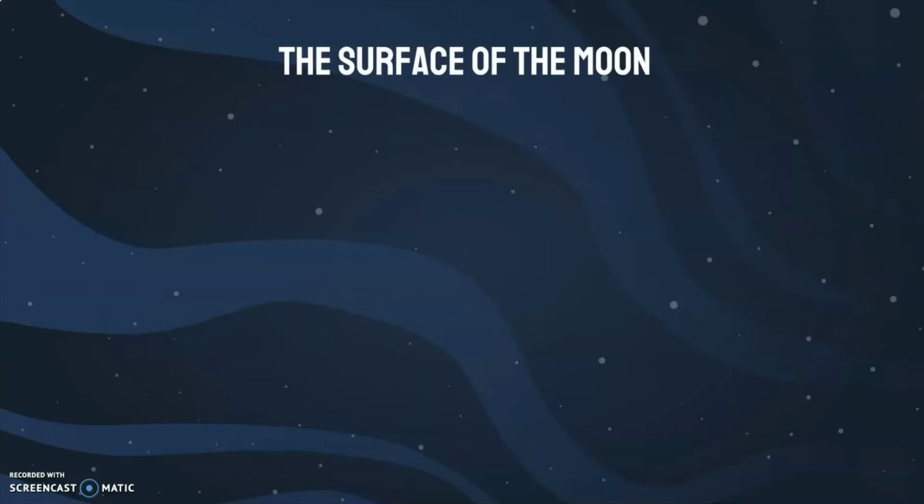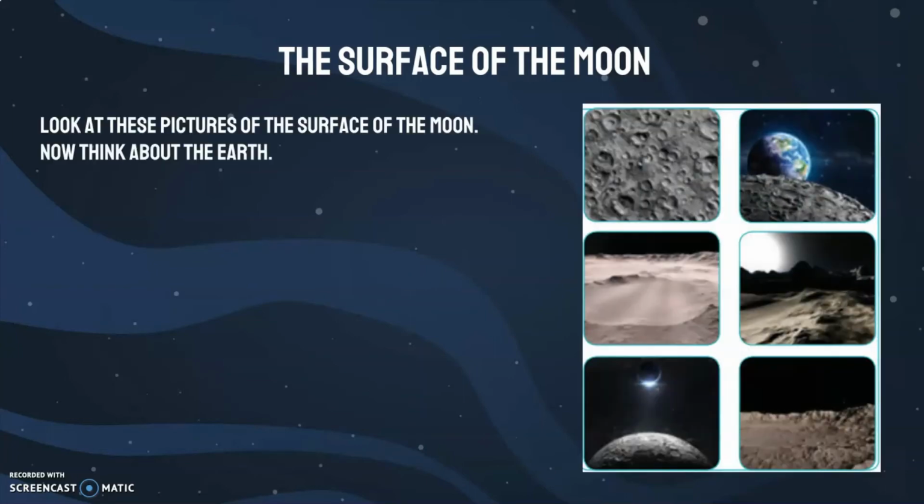Next, the surface of the moon. You can see in this picture. Look at this picture of the surface of the moon. Now think about the earth. This is the surface of the moon, and this is the earth.